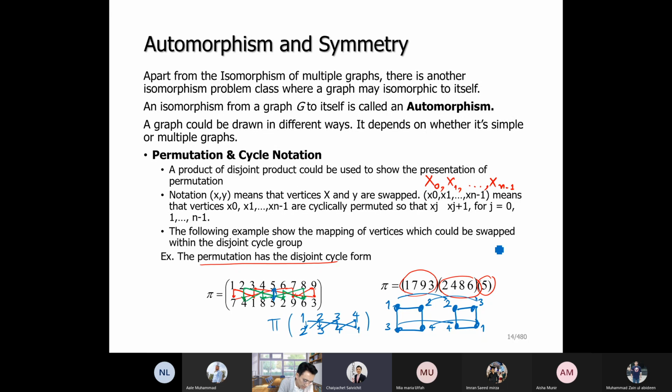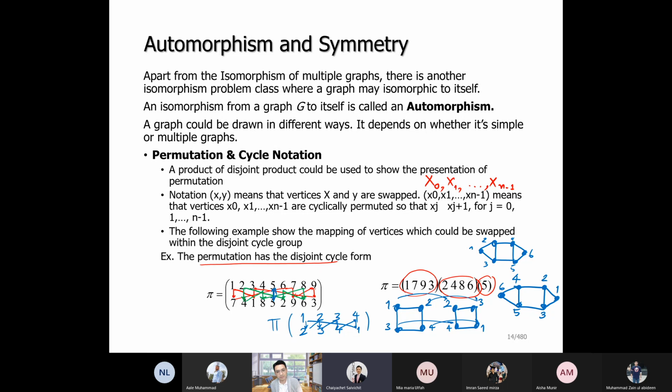Okay, let's try a more complicated one. One, two, three, four, five, six. And if I want to relabel this one, we're going to have like 4, 5, 6 and, let's say, 2, 3, 1.